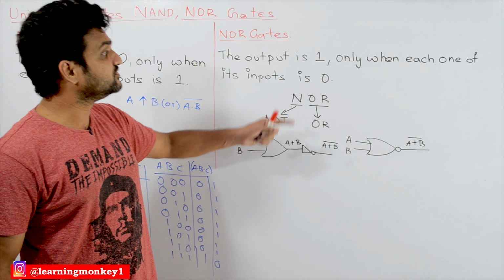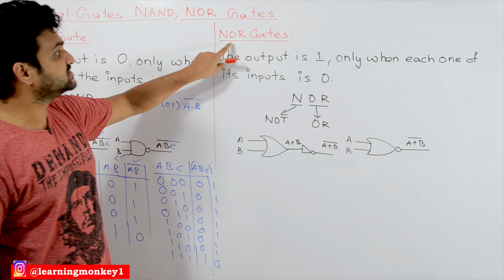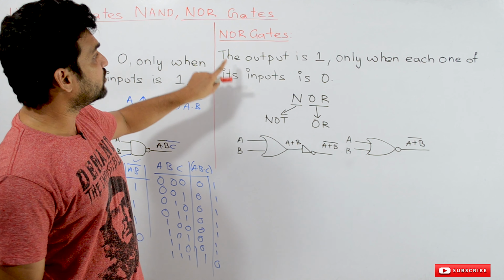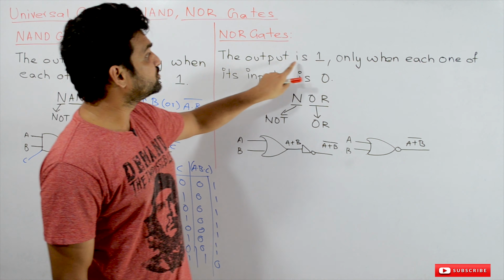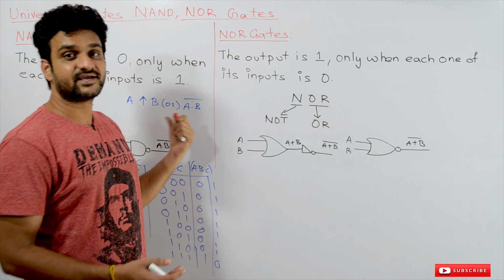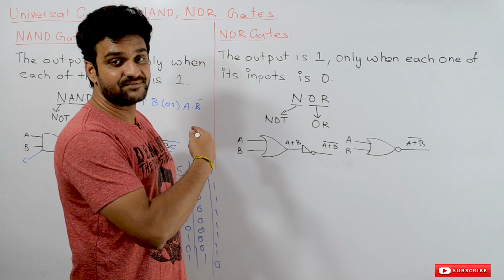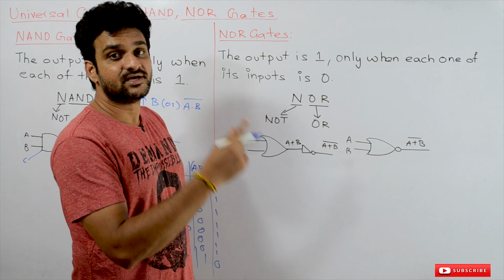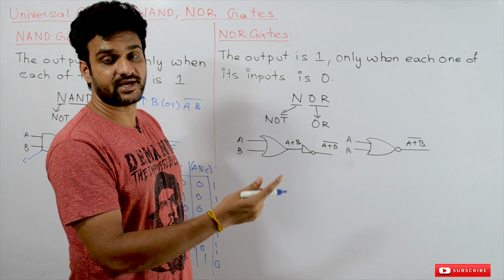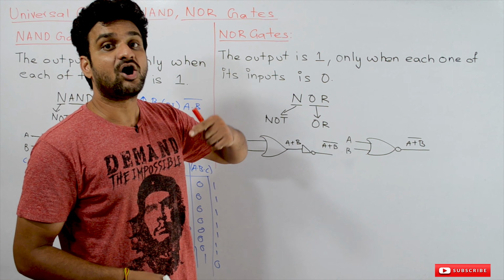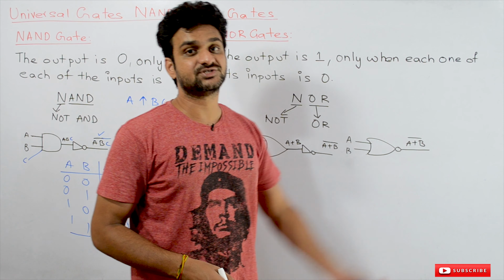Coming to the other universal gate, which is the NOR gate. So what is this NOR gate? The output is similar to the NAND gate, which is the NOT OR gate. Whereas NAND means it is not AND, NOR means it is not OR. The complement of the OR operation is what we call the NOR gate.